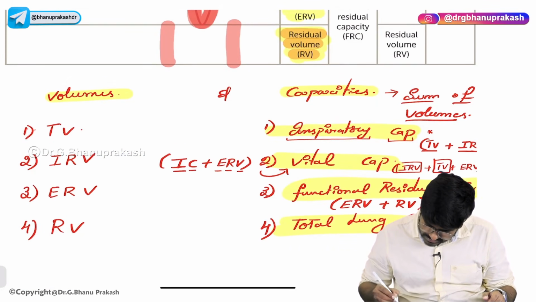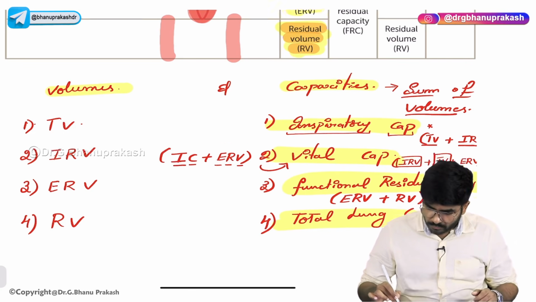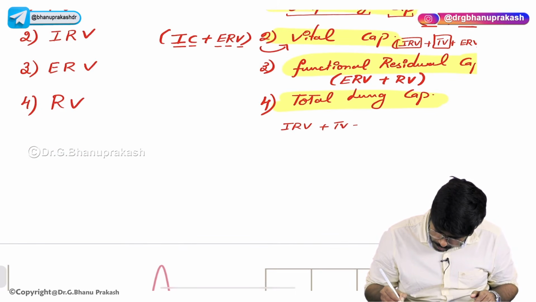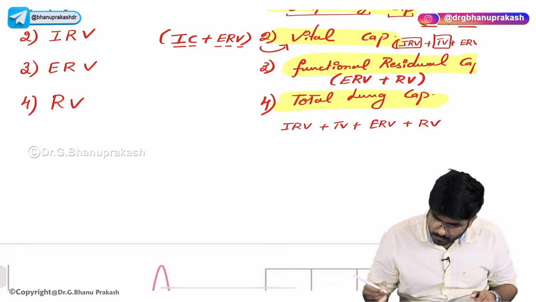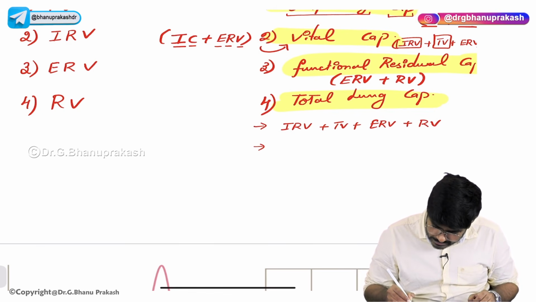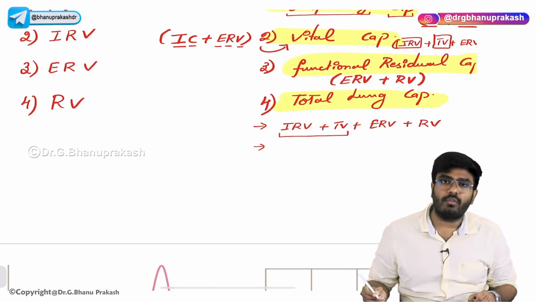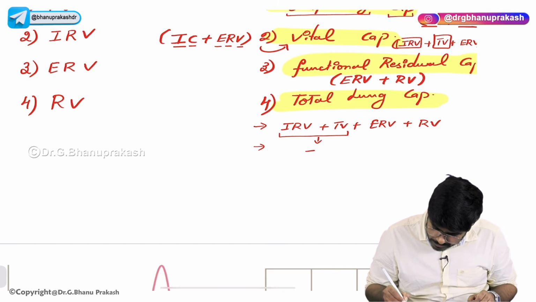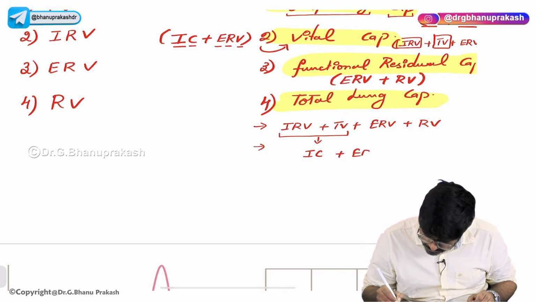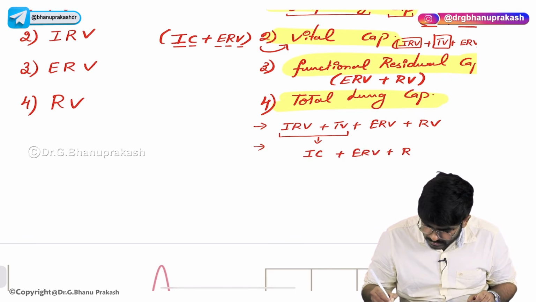So the formula for total lung capacity is very simple: inspiratory reserve volume plus tidal volume plus expiratory reserve volume plus residual volume. Or one more formula: inspiratory reserve volume plus tidal volume is inspiratory capacity, so inspiratory capacity plus expiratory reserve volume plus residual volume.